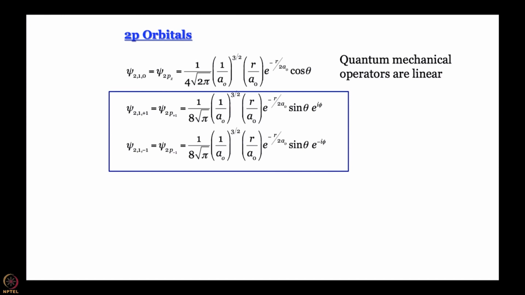What is the meaning of quantum mechanical operators being linear? It means that when A operates on some wave function psi 1 to give some eigenvalue and it operates on some other wave function to give some eigenvalue, then A operates on A1 psi 1 to give A1 multiplied by the eigenvalue of psi 1 multiplied by psi 1.